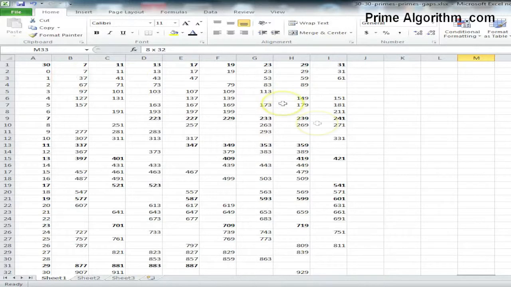Again, these numbers can be manipulated into any mod of 30. So 60 is 2 times 30. 90 mod would be 3 times 30. 210 mod would be 7 times 30.